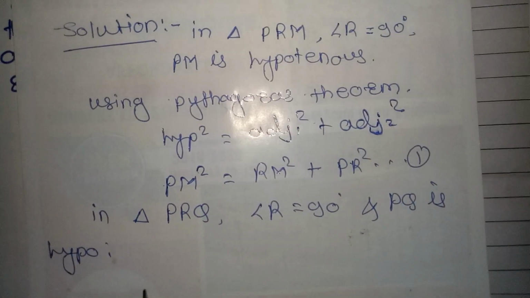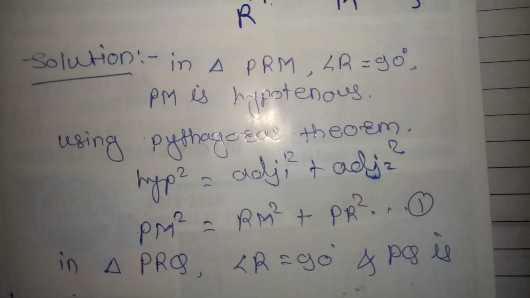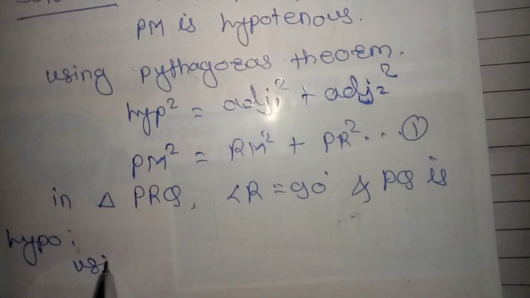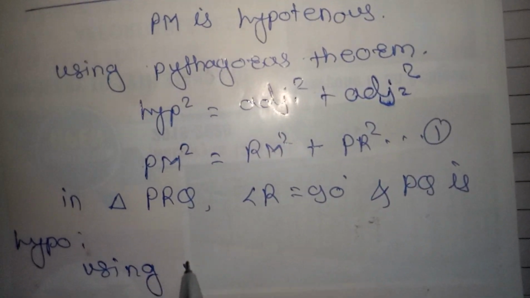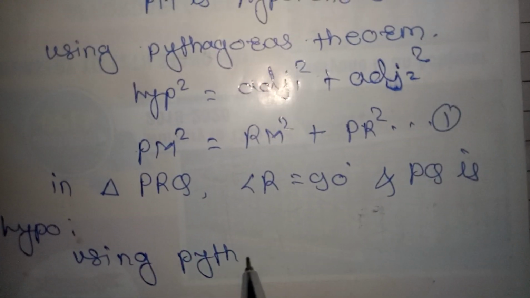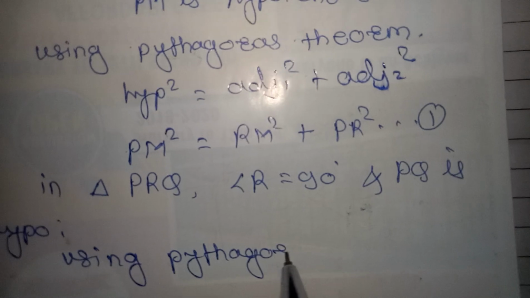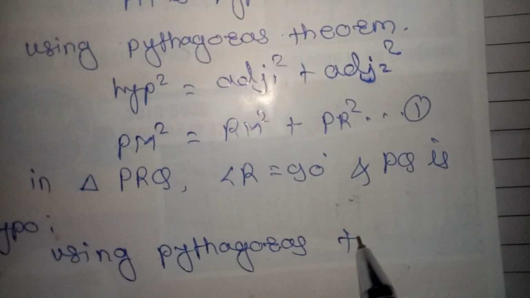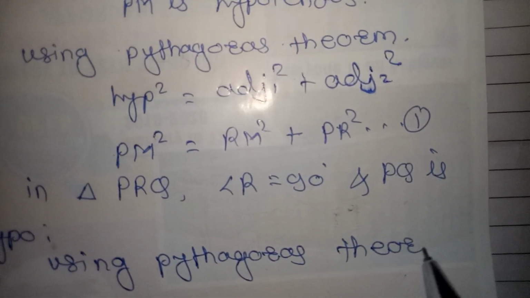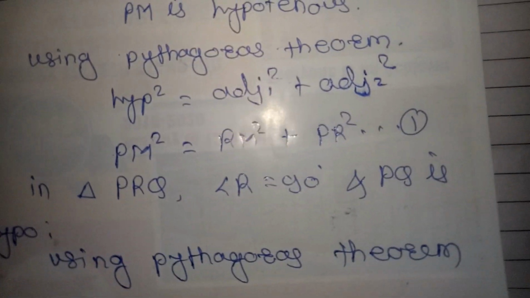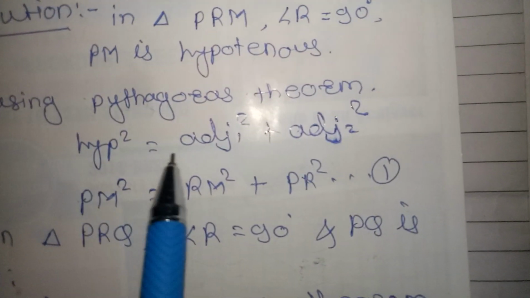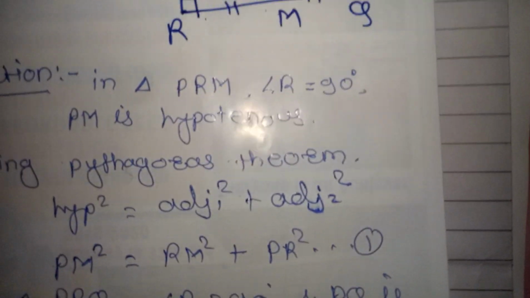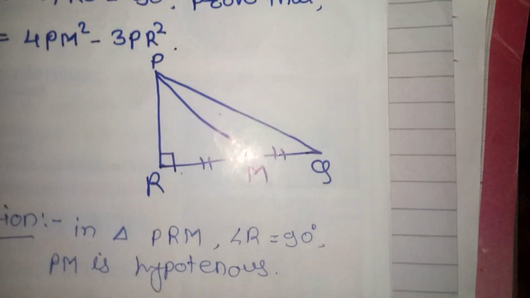Then see, here also we have to use the Pythagoras theorem. Using the Pythagoras theorem, same formula, hypotenuse square is equal to adjacent first side square plus adjacent second side square. It has hypotenuse as PQ.